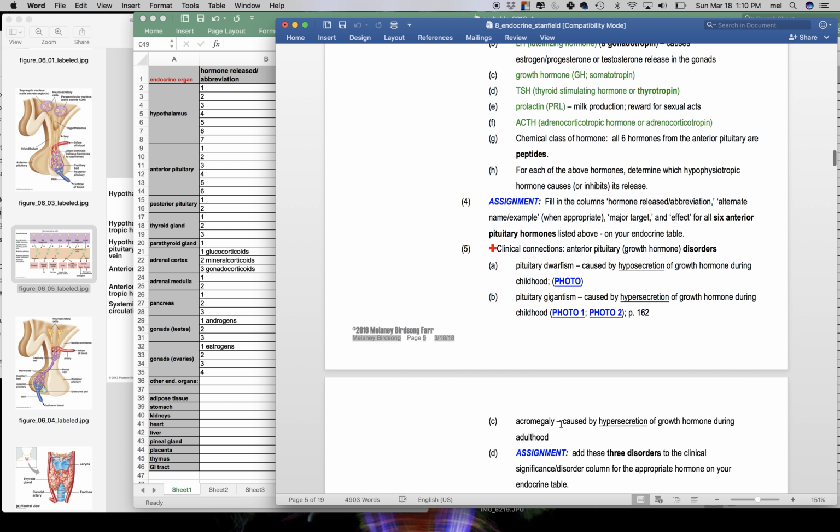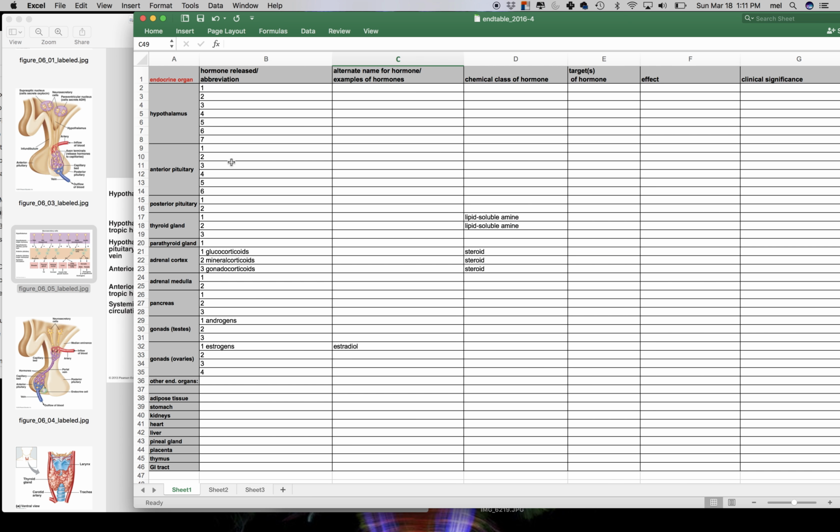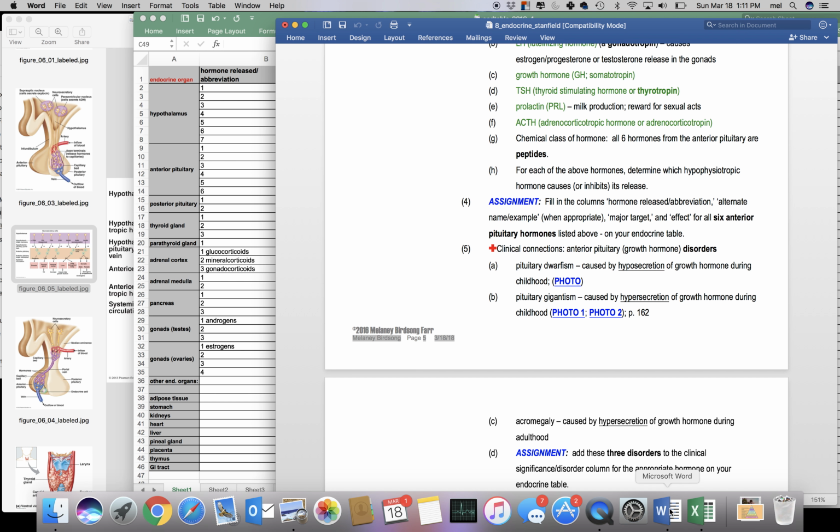Actually, all three of these do. Acromegaly, they all go with growth hormone. So do you see hyposecretion of growth hormone during childhood? When you get to growth hormone, which comes from the anterior pituitary, you would have 3 different ones for clinical significance, but you're not going to have them for most of these things because most of the disorders are not relevant to you.